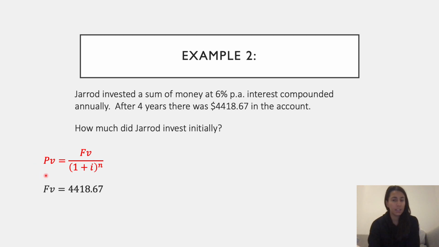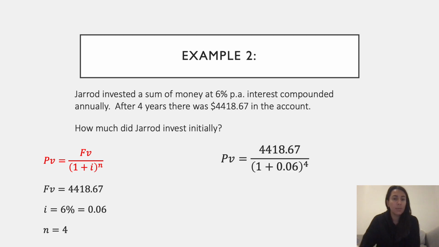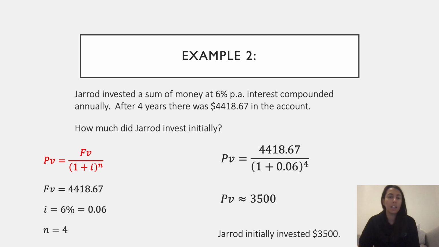So then I'm going to identify all my other values here. I've changed 6% to 0.06, and then I've substituted them all into my equation, and I get approximately $3,500. So he invested about $3,500 into the account. That one's pretty easy.